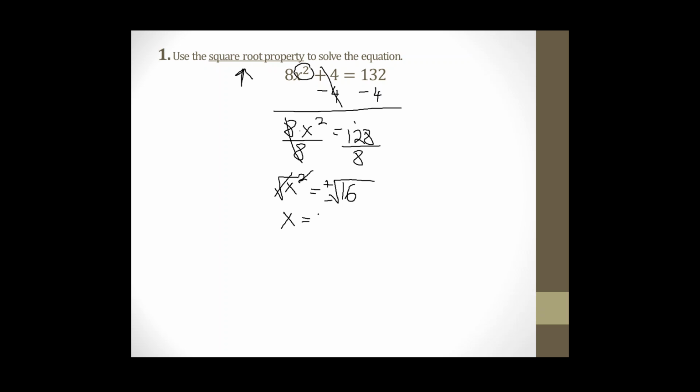And on this side, I'm going to have my plus and my minus, and the square root of 16 is just 4. So my final answer is x equals positive or negative 4. And in your packet, this is answer choice B. Are there any questions on how to apply the square root property?